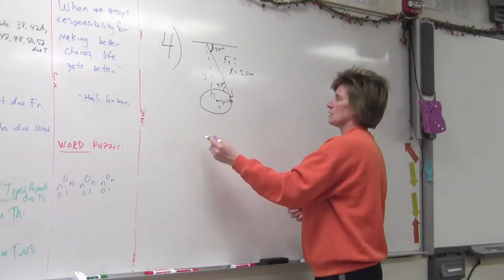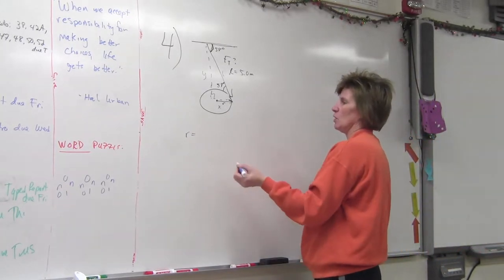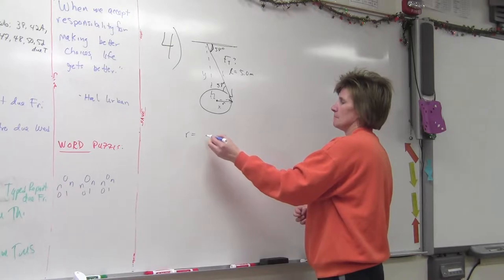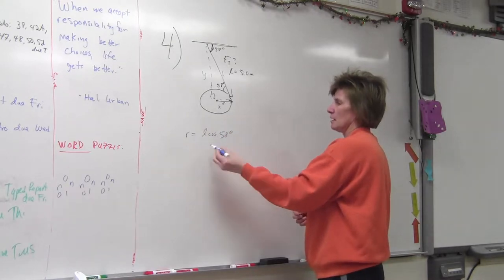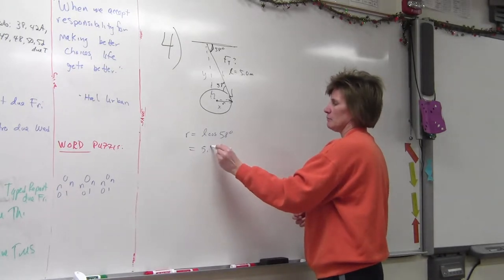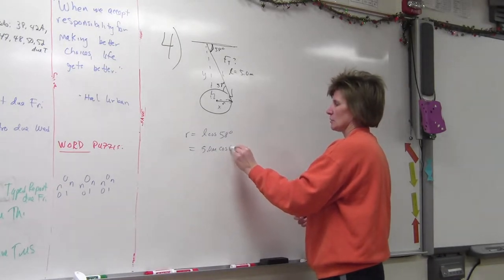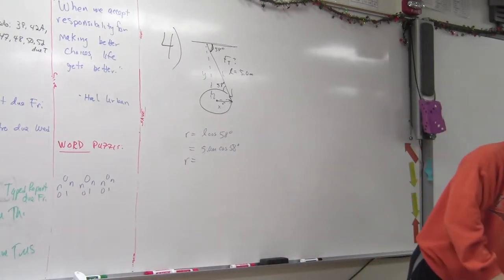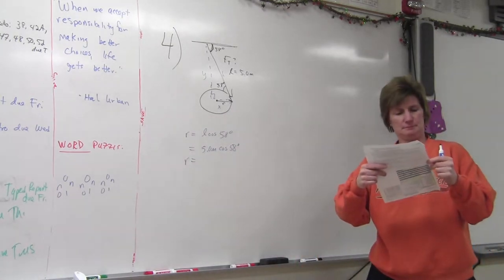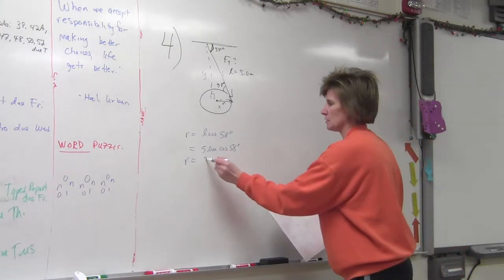In this case, my radius is going to equal L times the cosine of 58 degrees, right? And my L in this case is 5 meters. 5 times the cosine of 58 degrees will give me my radius value to be 2.65 meters.